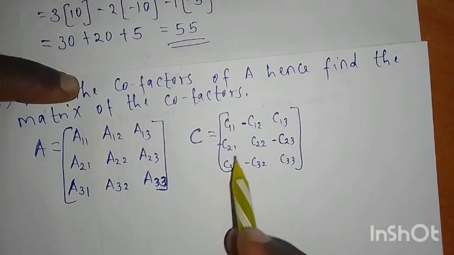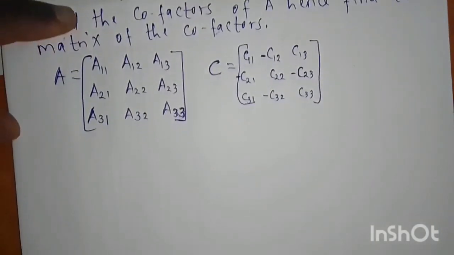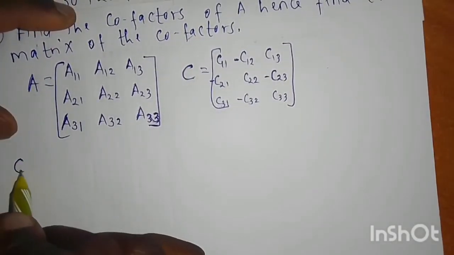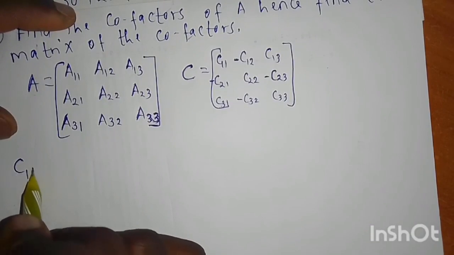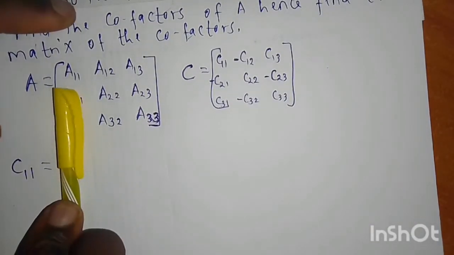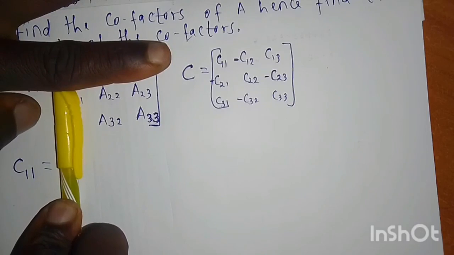So this is the matrix of the cofactors. Each individual cofactor, for example C11, is found by finding the determinant of the matrix left if we eliminate the column and the row of A11.